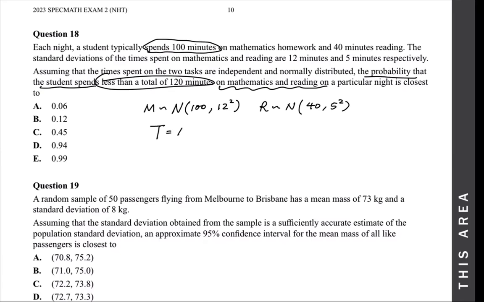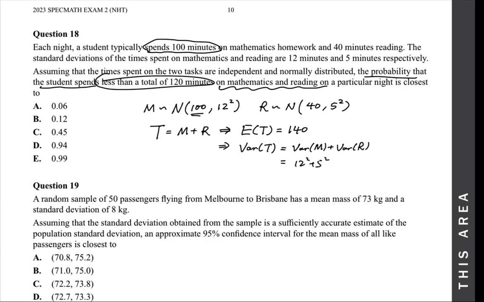So the combined time is M plus R. Because they are independent of each other, we can easily get the combined expected value, adding to 140 minutes. The variance of T is the variance of M plus the variance of R, so 12 squared plus 5 squared. Fantastic, 12, 5, 13, Pythagorean triad. So this will be 13 squared, and the standard deviation will be 13.